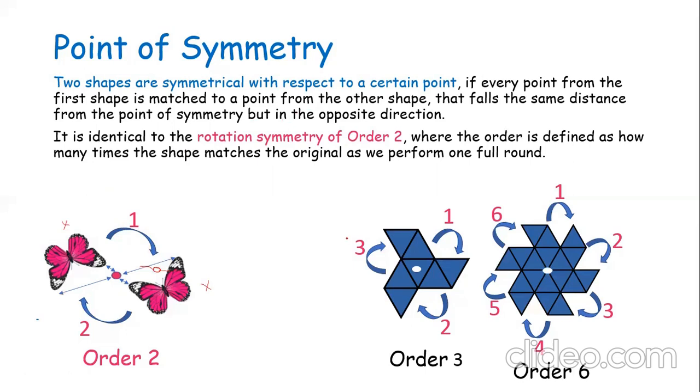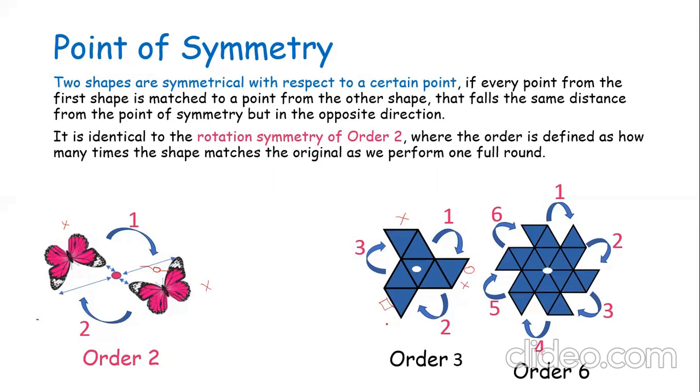Here we are giving examples of rotation of order 3 and of order 6. In the case of rotation of order 3, we notice that if we have this part and that one and this one, and we start the rotation from part X here, then after one turn, X will be here.